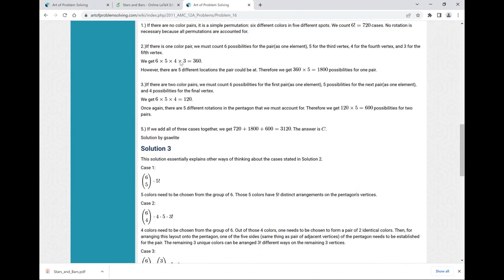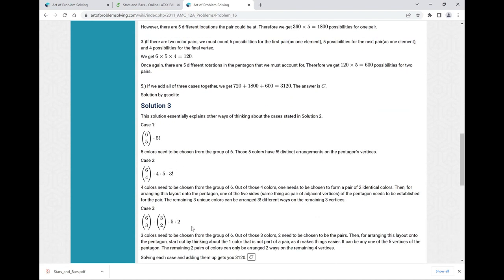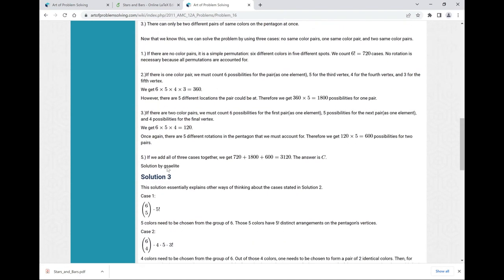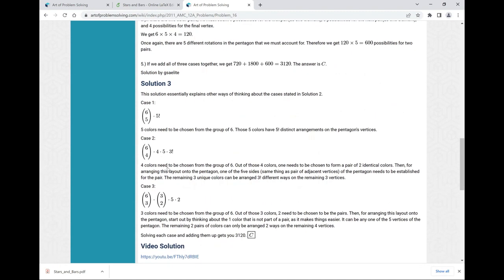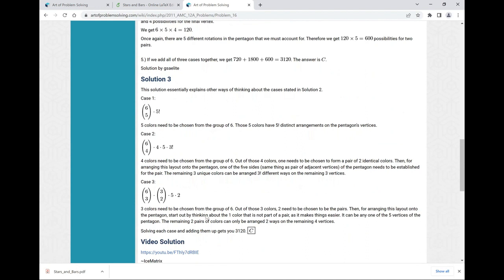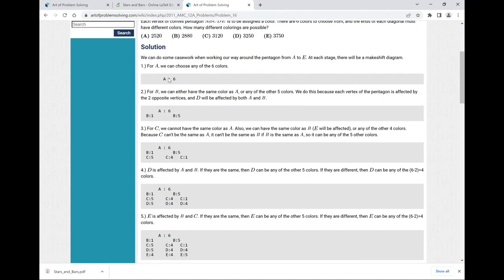Case 2 is if there's one pair, because you should notice that in this problem 2 vertices can have the same color. And case 3 would be if there are 2 color pairs, and then you just add them up and you get 3,120.